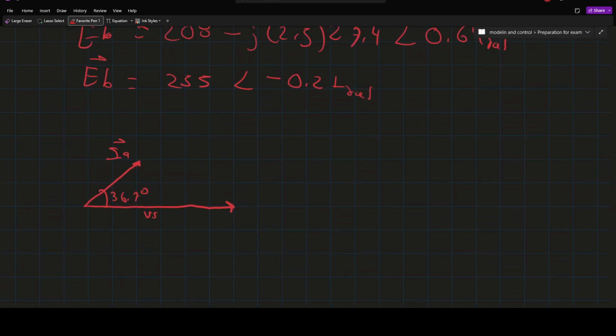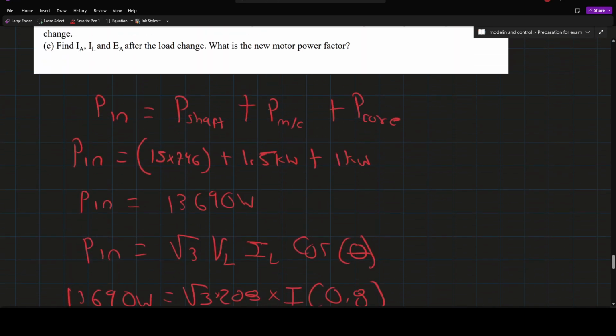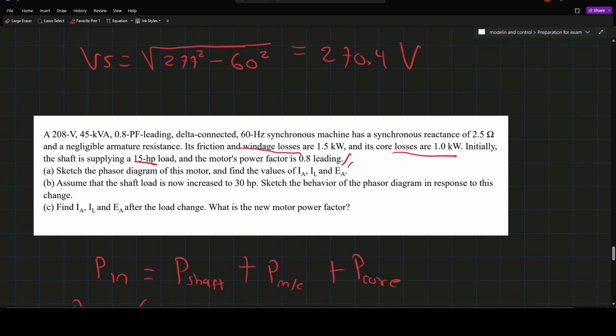And over here is going to be our EV. We know that between these two, when we subtract our jXS IS, we get our VS. So this would be our phasor diagram.